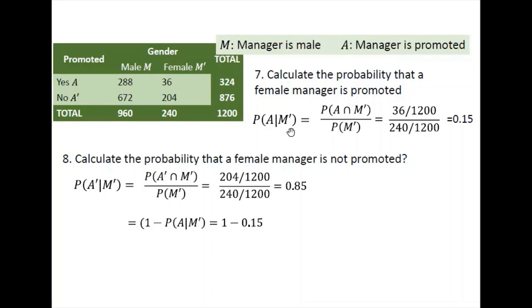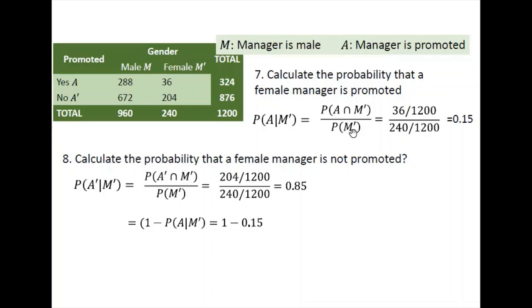According to the conditional probability formula, again, the probability of the intersection of A and M prime divided by the probability of conditional part. The conditional part is the probability of female.